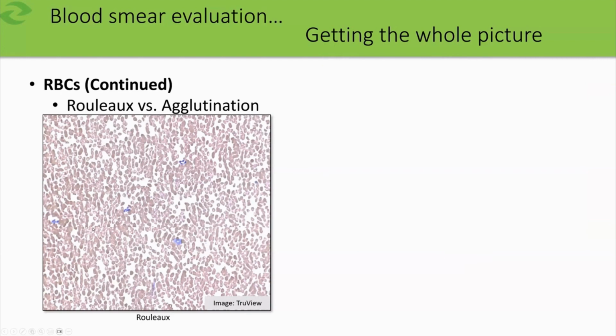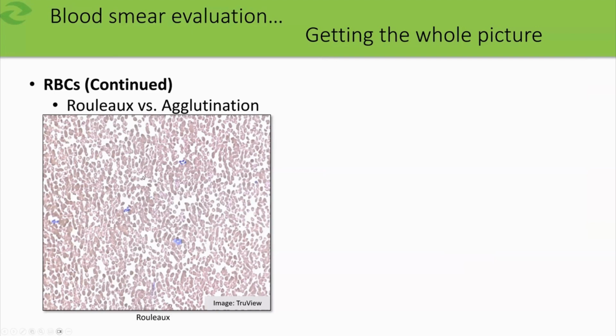And so the red cells are all in the same direction. These aren't forming the classic stack of coins that was knocked over, but they're varying in length, but they're still lined up pretty well here. And this is rouleau. That's rouleau, that stack of coins.